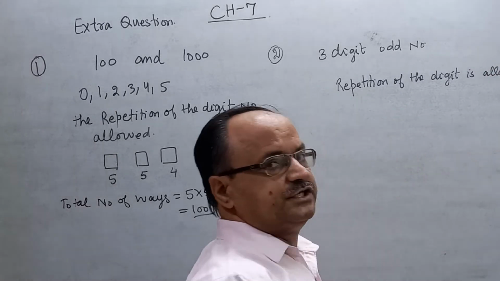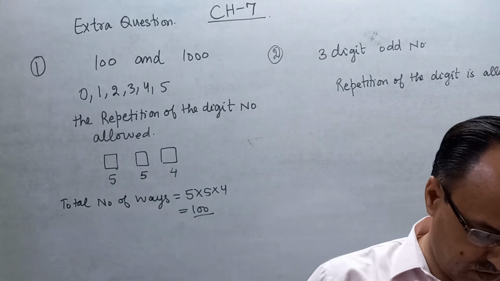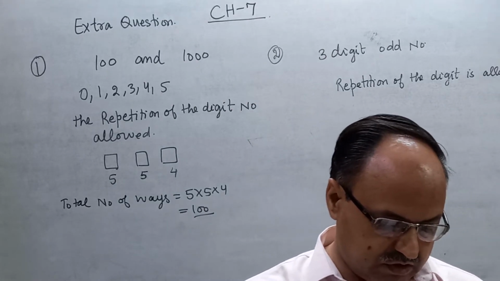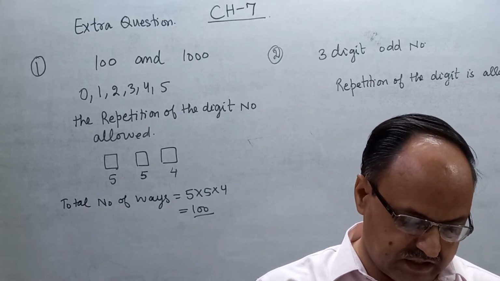The repetition of the digit is allowed. Right? Find the number of 3-digit odd numbers when the repetition of the digit is allowed.